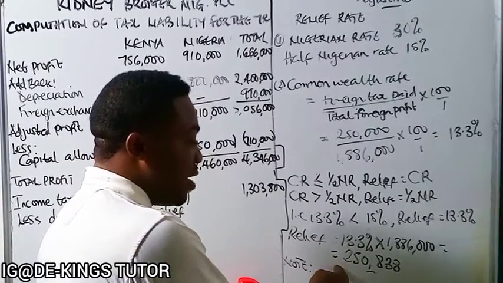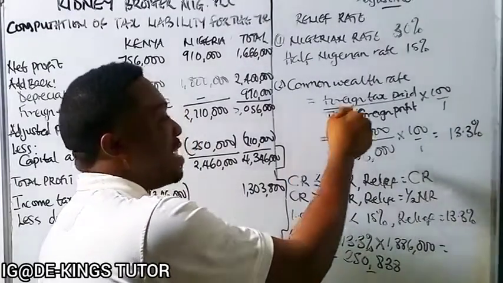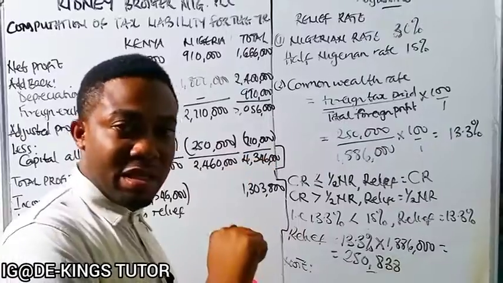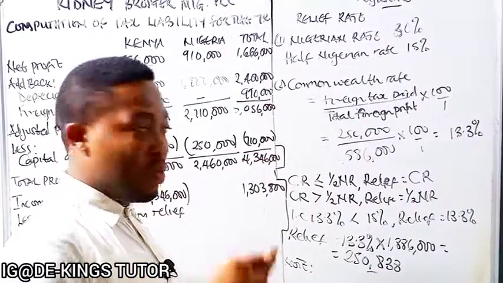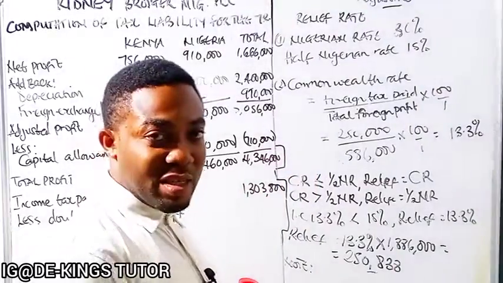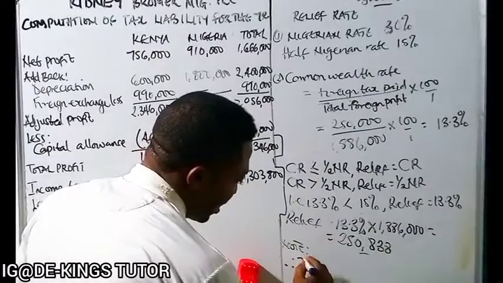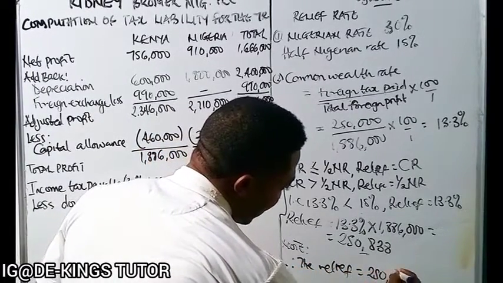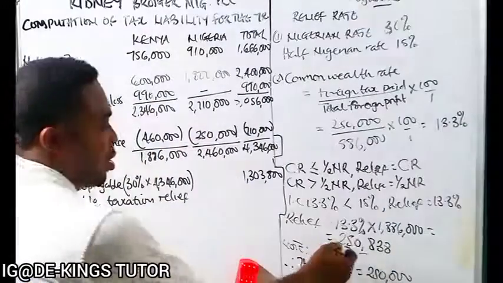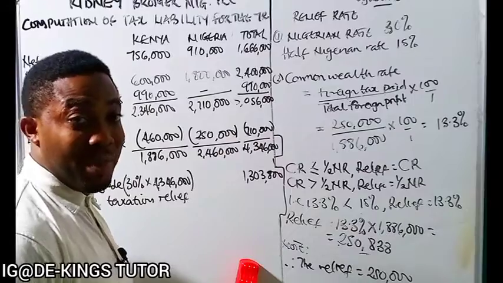So the maximum relief should not exceed the foreign tax paid. Therefore, since it exceeded it, the foreign tax paid, the actual amount that was paid, is now the relief, which is 250,000. So I'll say therefore the relief is equal to 250,000 because the calculated figure is greater than the 250,000 tax that has already been paid.